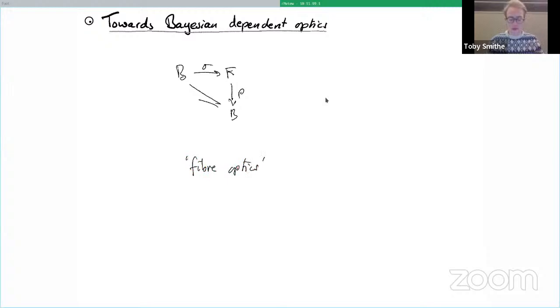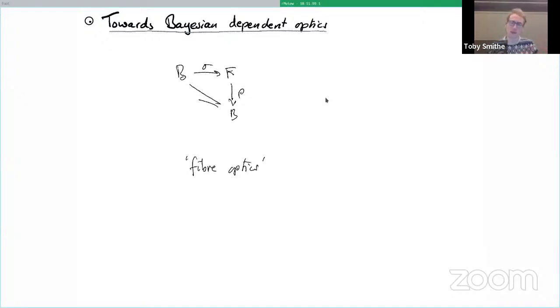So in the recent preprint from Strathclyde on this, we can think of a dependent optic, or at least a fiber optic, as being the pullback of two fibrations, where both of them are given by actions of some bicategory on a category.